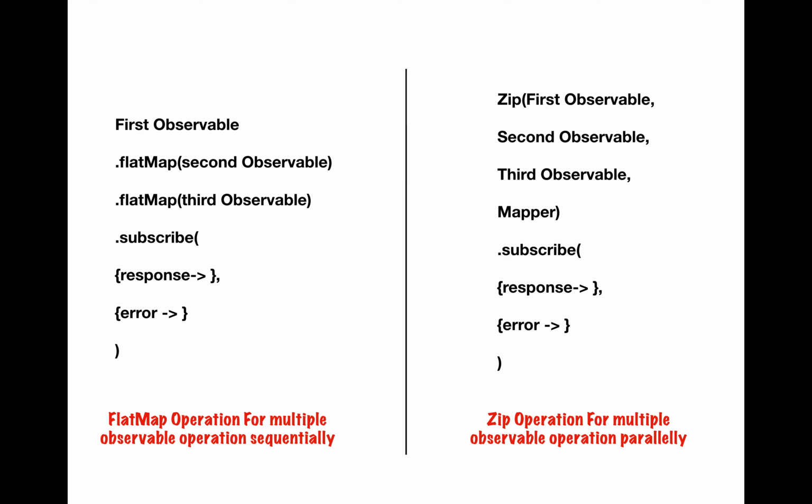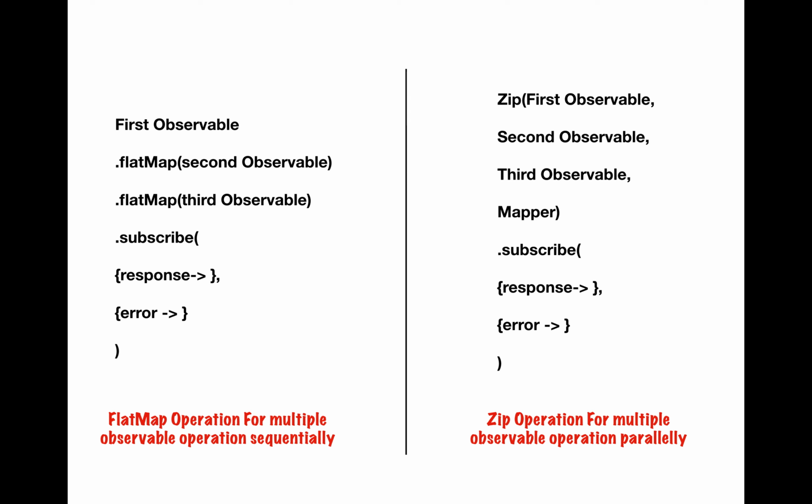Then in the flatmap we will put our logic to make the second API call as the operator.